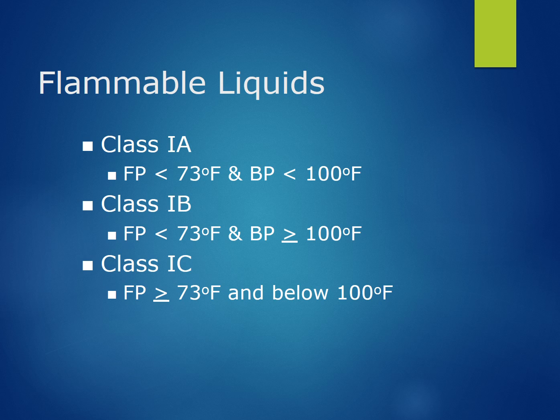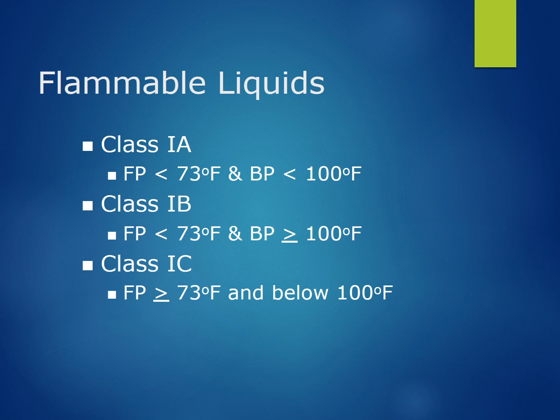Here are the different flammable classes as described by the NFPA and DOT codes. A class 1A has a flash point less than 73 degrees Fahrenheit and a boiling point less than 100 degrees Fahrenheit. This is the most flammable class that we have. A 1B has a flash point less than 73 degrees Fahrenheit, but the boiling point of that liquid is greater than 100 degrees Fahrenheit.